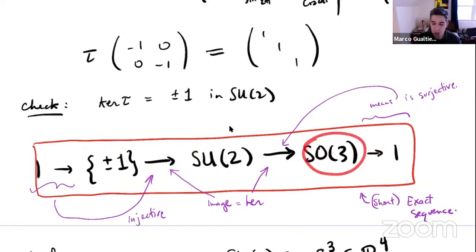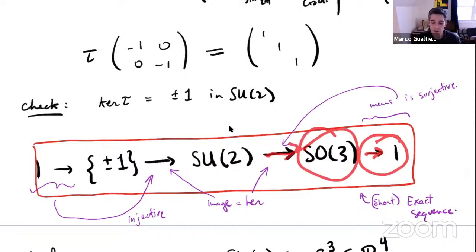So there's obviously a map from this group to the trivial group. And what is the kernel of that map? The kernel is just the whole group. The kernel of this map should be exactly the image of this map, so that everything lines up perfectly. So the kernel of this map is the entire group. Therefore, the image of this map must be the entire group. Therefore, this map is surjective.